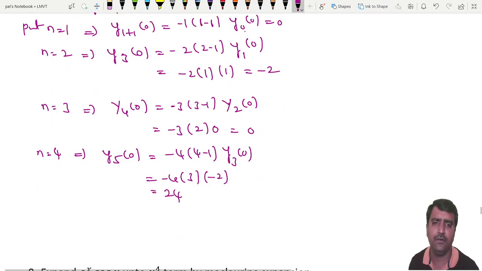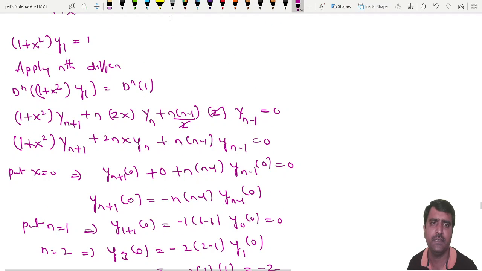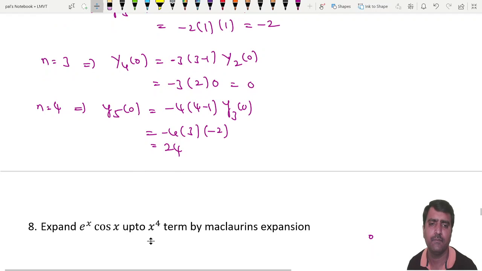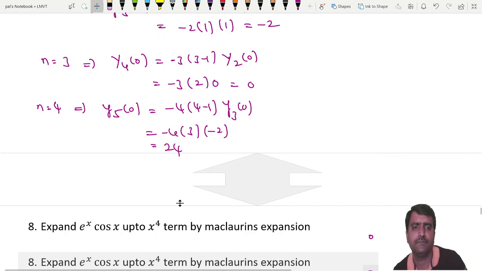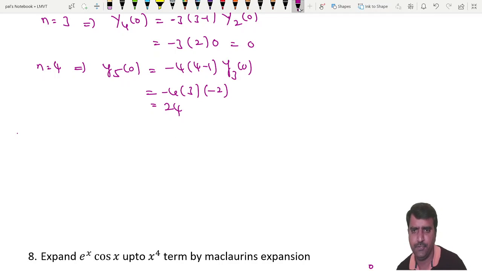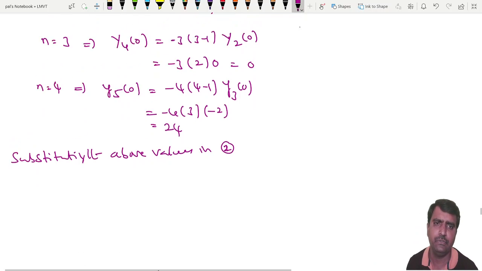So using all these values, substitute all these values in equation 1, substituting in 1, substituting above values in equation 2, sorry, it is equation 2.